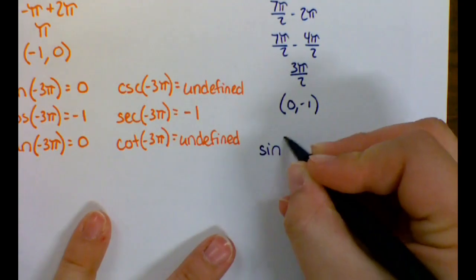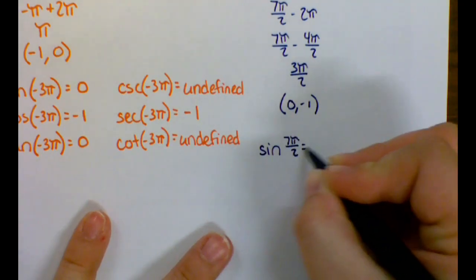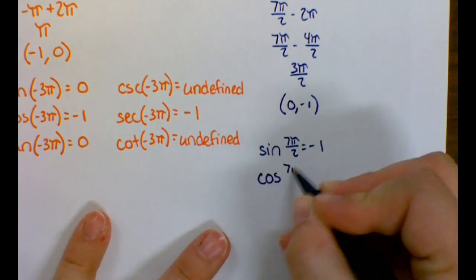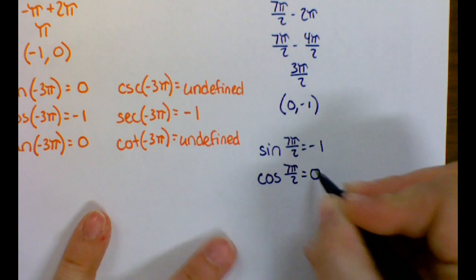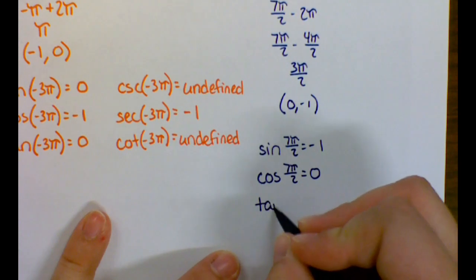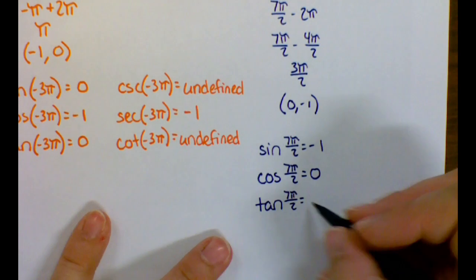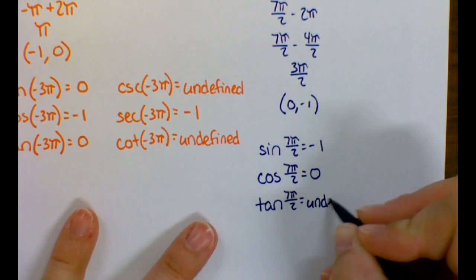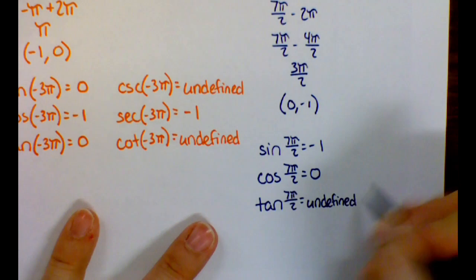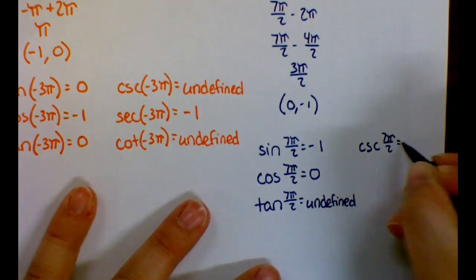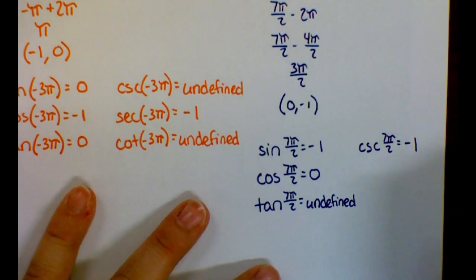The sine of 7 pi over 2 is -1, the y-coordinate. The cosine of 7 pi over 2 is 0, the x-coordinate. And the tangent of 7 pi over 2 is -1 over 0. Can't divide by 0, that's undefined. The cosecant of 7 pi over 2 is 1 over -1, so -1.